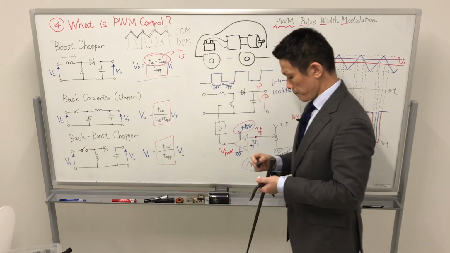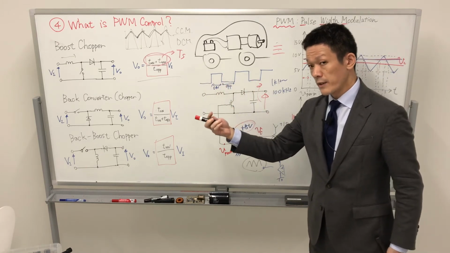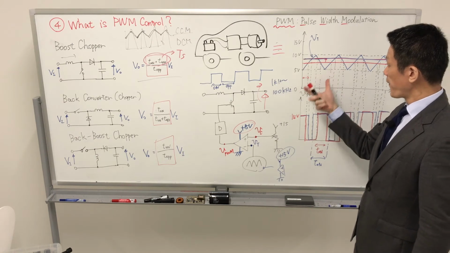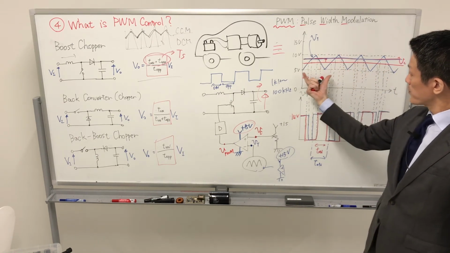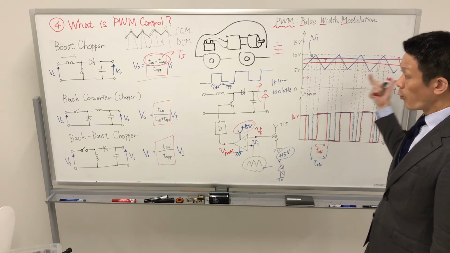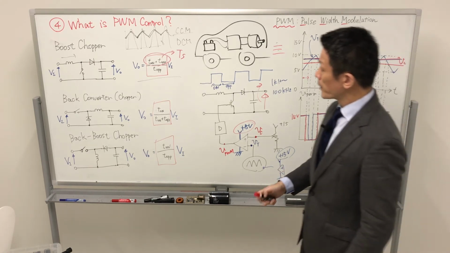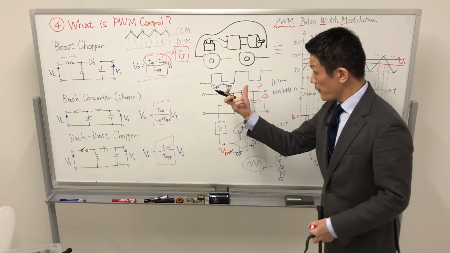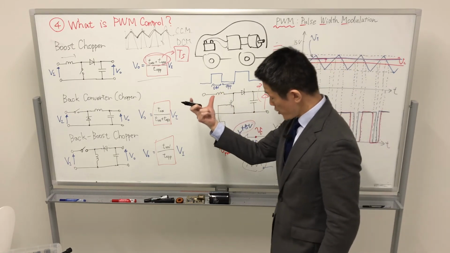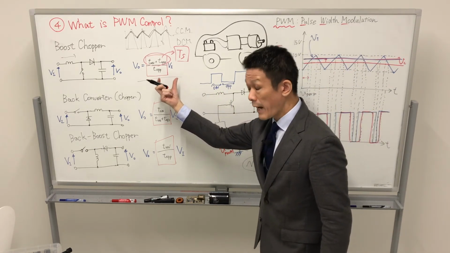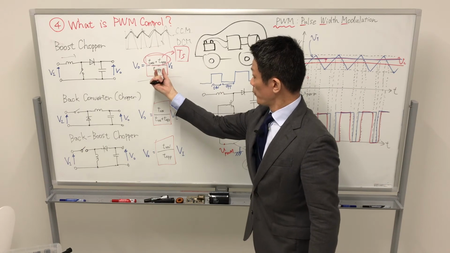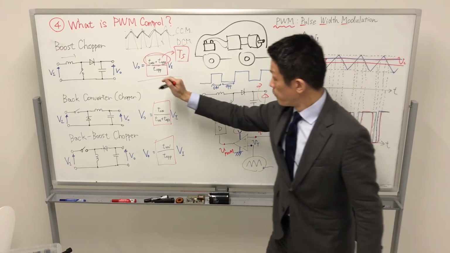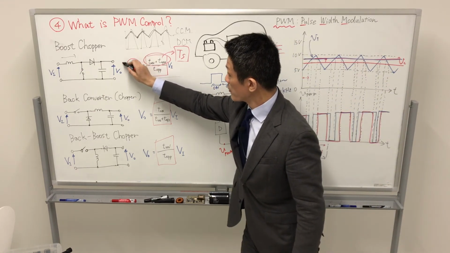TS, this sampling term, is almost the same because it is defined only by the triangle waveform's frequency. So this is the same time, but only the turn on and turn off terms change. If you obtain an increased turn on term, the voltage value is increased.